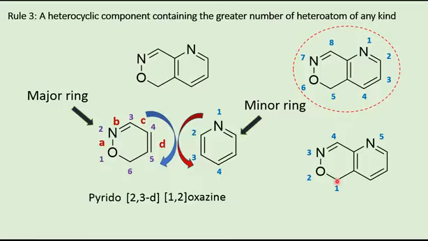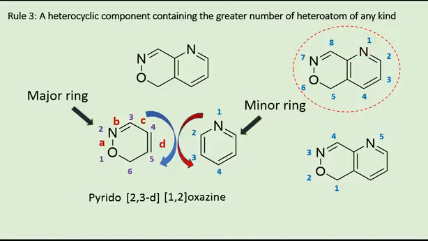If you are starting from here, 1, 2, 3, 4, 5, 6, 7, 8 means 4, 6, 7. So the heteroatoms shall always get the lowest number. This is the only ring where nitrogen gets 1.